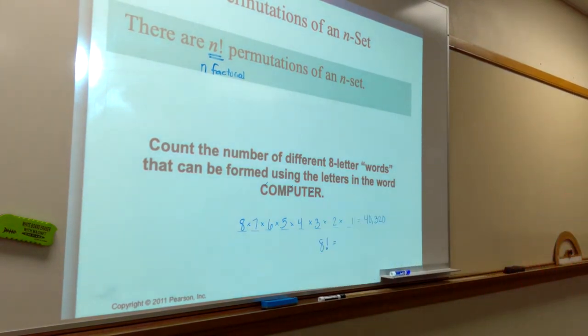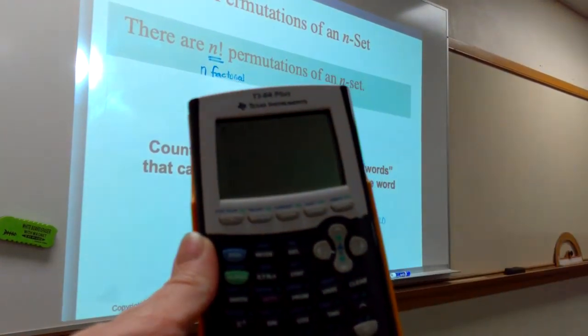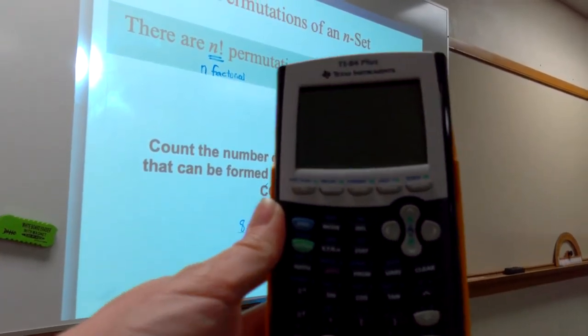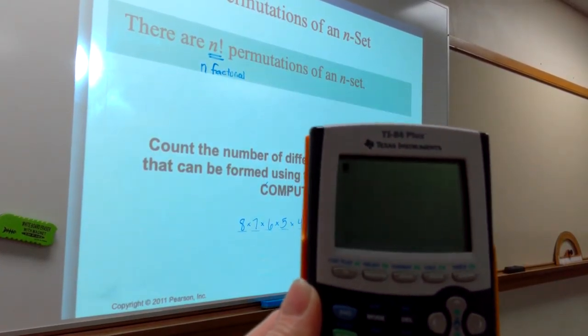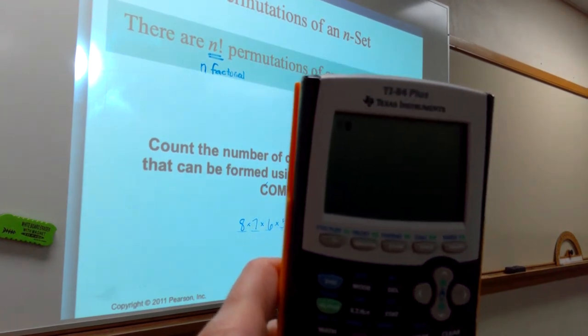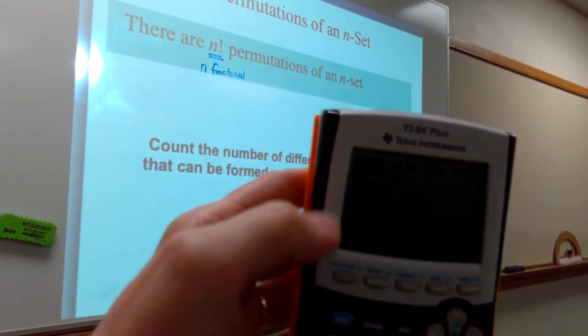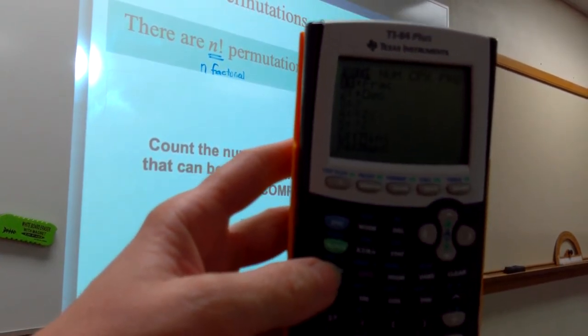We'll grab our calculator. All right. And we'll turn this on. Try to get this into the camera here. What you are going to do is type in 8. And then factorial you will find under math and probability. So hit that math button, right there, math.